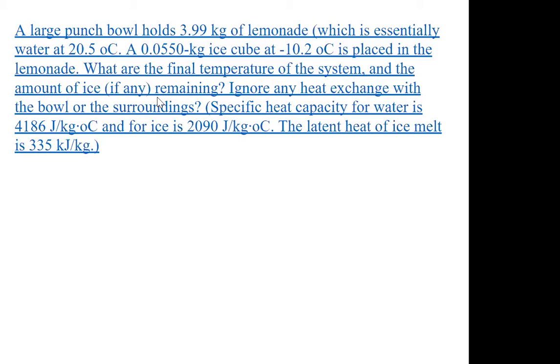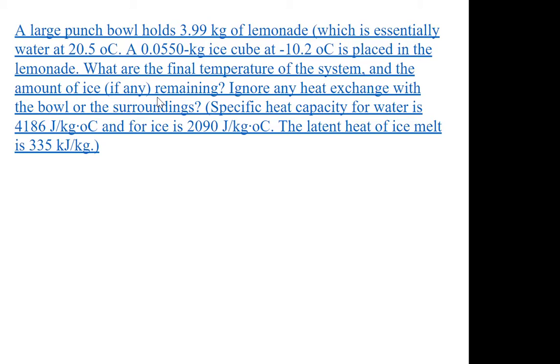It says a large punch bowl holds 3.99 kilograms of lemonade, which is essentially water, at 20.5 degrees Celsius. A 0.0550 kilogram ice cube at minus 10.2 degrees Celsius is placed in the lemonade.